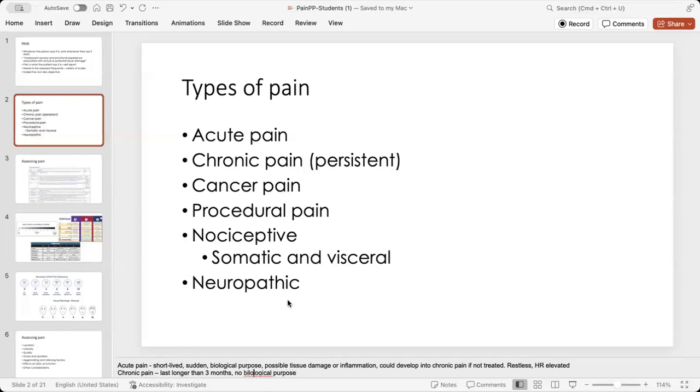Back pain is a big one. Arthritis, chronic migraines, osteoarthritis, rheumatoid arthritis, a lot of those work accidents, back pain. Chronic pain has more gradual onset, whereas acute pain has a more abrupt onset.